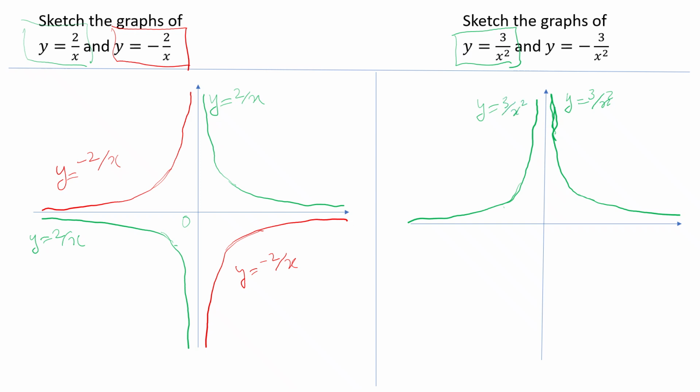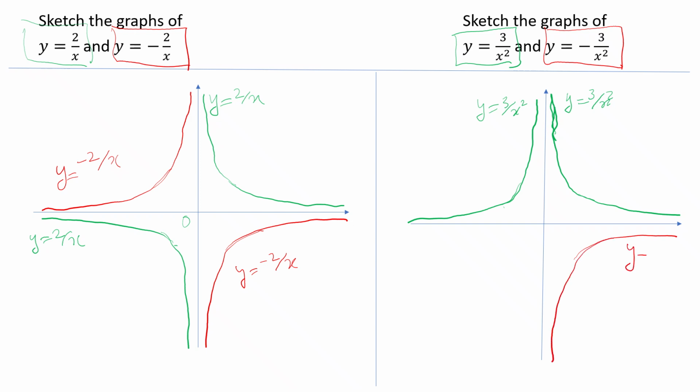Now I'm going to draw the second graph, red line. When x is positive, x squared is positive, so y value is negative. So the graph is in the fourth quadrant.